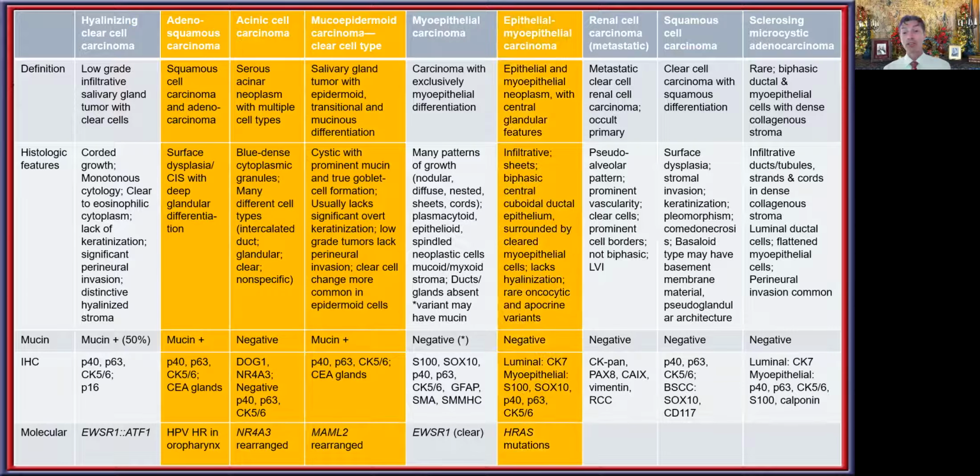So, many times you have a weighted feeling. You think, oh, this is probably going to be a clear cell mucoepidermoid carcinoma, and so I would do the MAML2 first in that case, and if it came back negative, then perform the EWSR1. So a sequential approach to this is helpful.